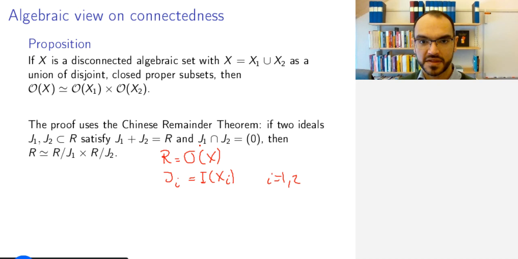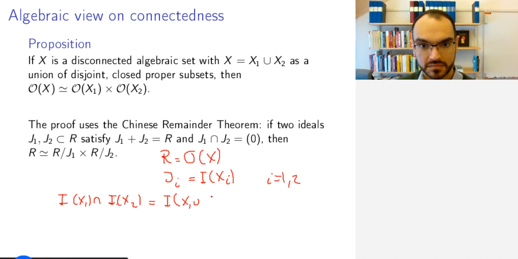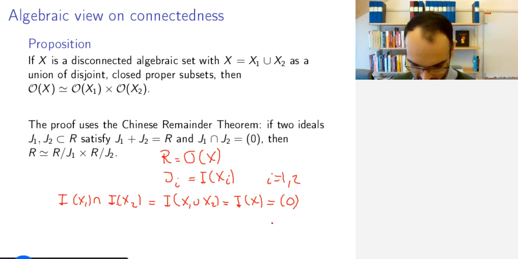We need to show that their intersection is 0 and their sum is the whole ring. But the intersection of these two ideals is the ideal of their union, which is the ideal of X, and the functions on X that vanish on all of X, this is the 0 function.